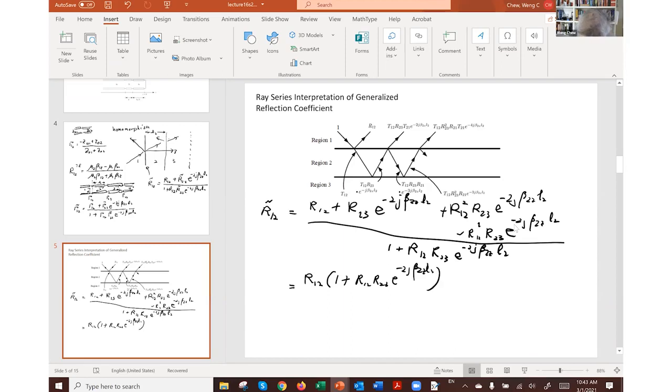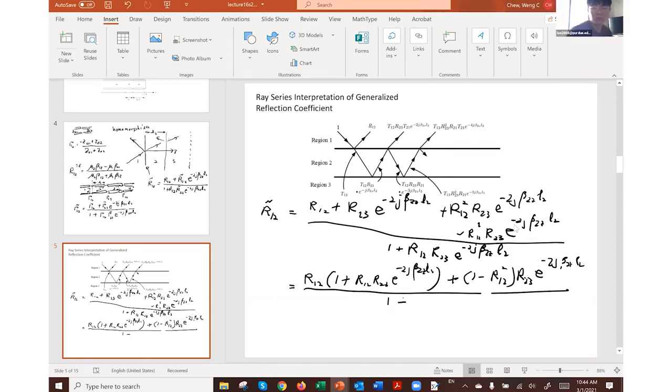And then what is left behind is 1 minus R12 squared, R23, e to the minus 2j beta 2z L2, divided by the denominator. Can you see it?